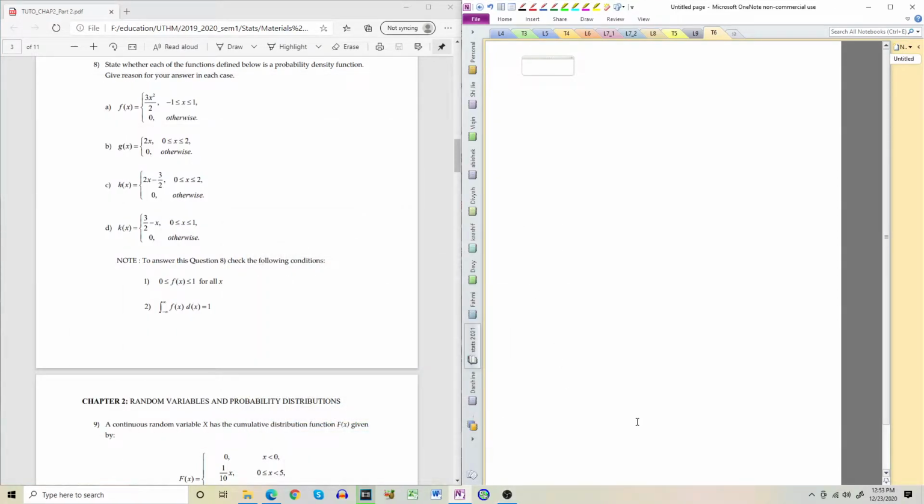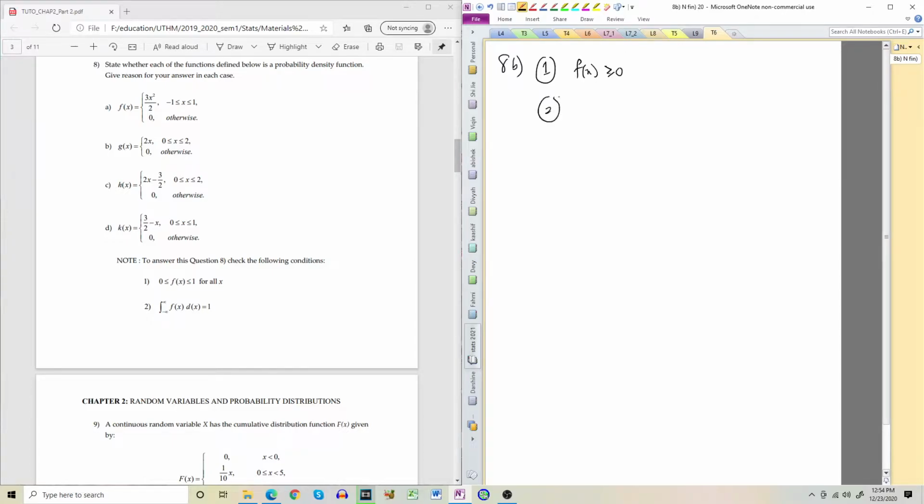Good morning. Today we will continue tutorial chapter 2 part 2 from question 8b. So the two conditions we need to verify: first, we need to verify that f(x) is greater than or equal to 0.